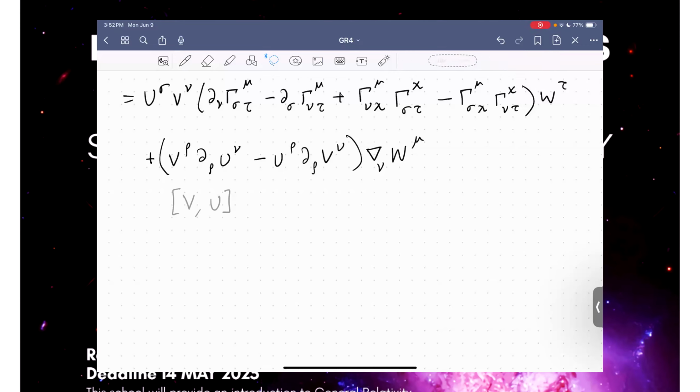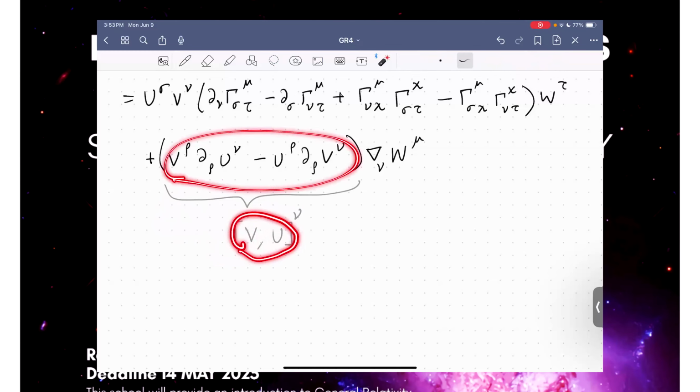And this expression is nothing but this. So given any two vector fields, we can define another vector field by applying a certain operation that looks like this and is usually written like this, and it's called the Lie bracket of vector fields.